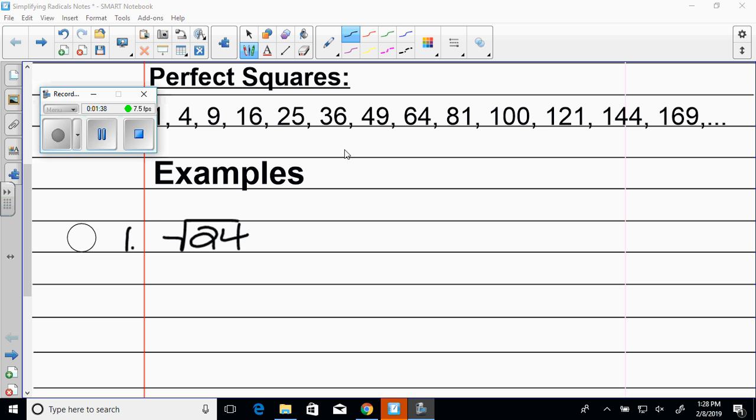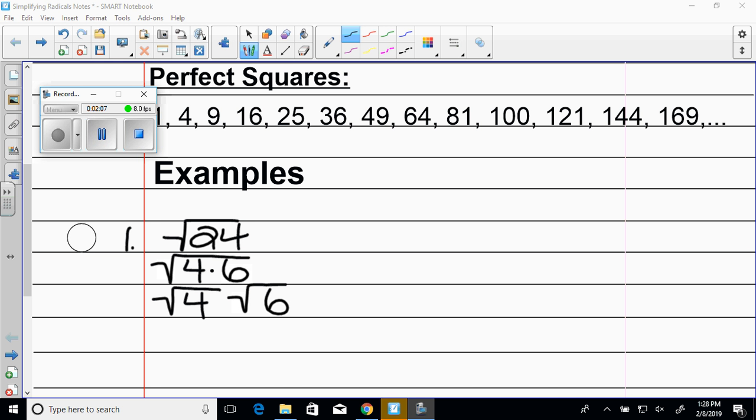Okay? So what we want to do, the simplest approach is to figure out the biggest perfect square that is a factor of 24. And so in this case, the biggest perfect square that is a factor of 24 is 4. So then I can break this apart into 4 times 6, because 4 times 6 is 24. And then I can separate these apart. So I can say the square root of 4 times the square root of 6.